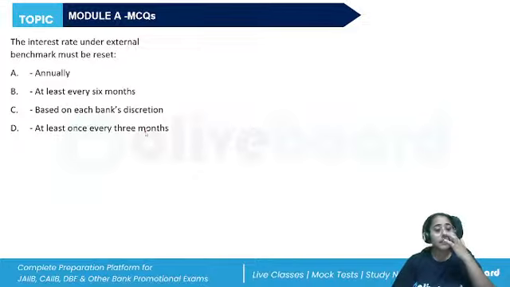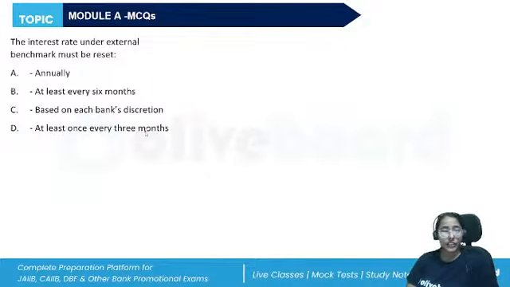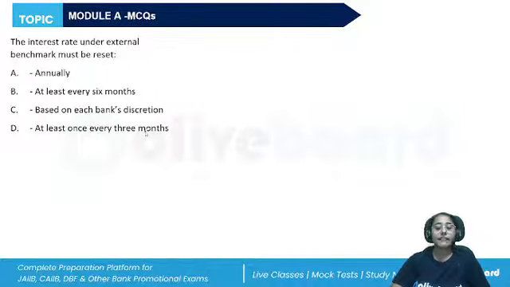Next, the interest rate under the external benchmark must be reset at least once in every 3 months. The Reserve Bank of India, in the financial year 2018-19, stated that all new floating rate personal or retail loans, even the loans to micro and small enterprises, will be linked to the external benchmark.